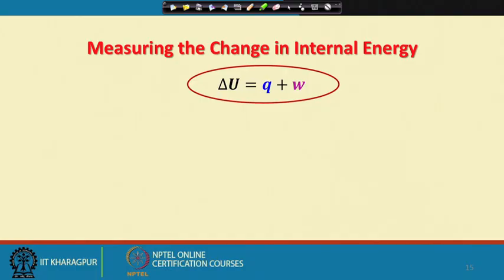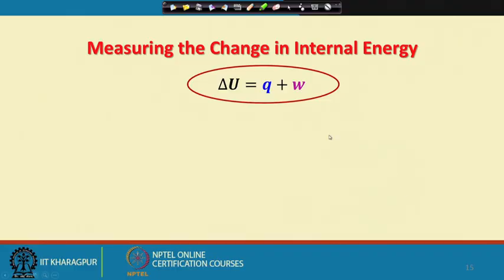And it is also understood from the first law of thermodynamics that the absolute magnitude of internal energy cannot be measured. Rather, when we study any thermodynamic process, we are measuring the change in internal energy.